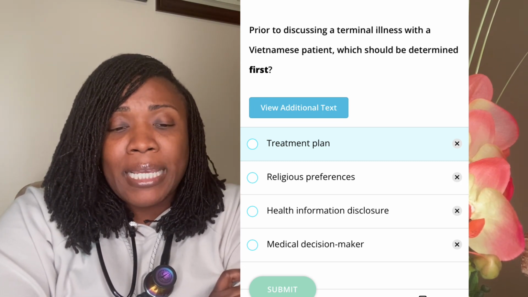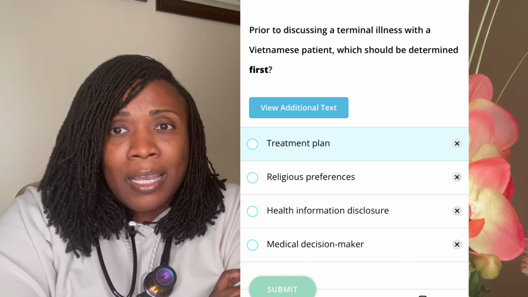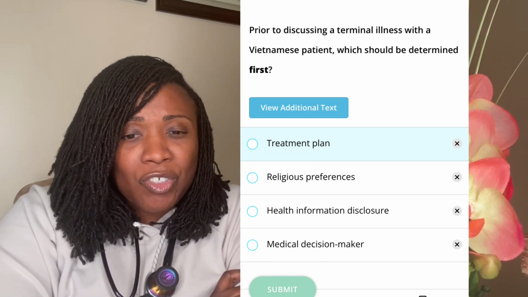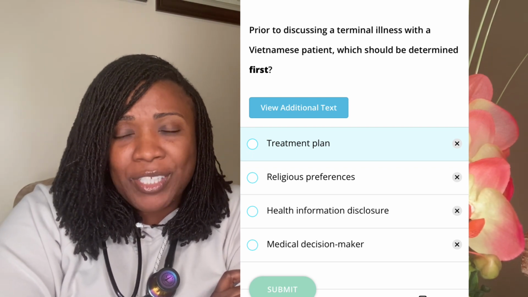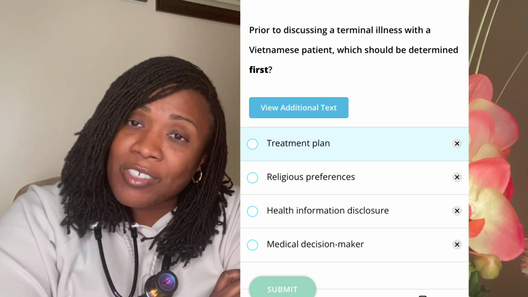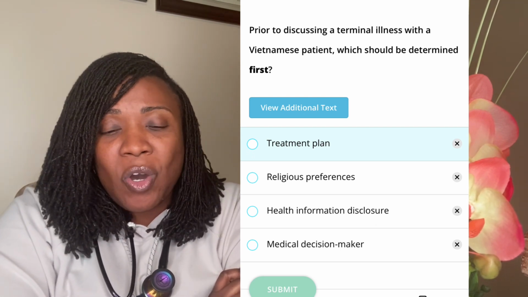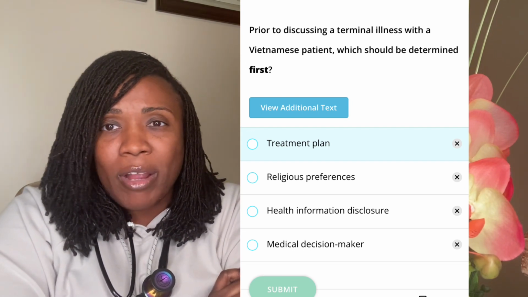Your treatment plan is what kind of medications you're going to need. The only way I can talk about your religious preferences is if I tell you what the treatment plan is going to be. So I would have to tell you what your treatment plan is going to be first in order for me to even know what your religion is for or against.